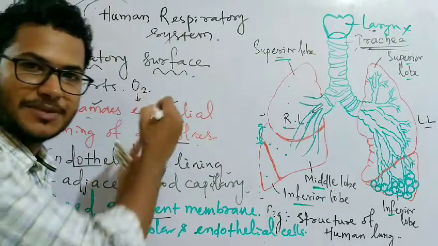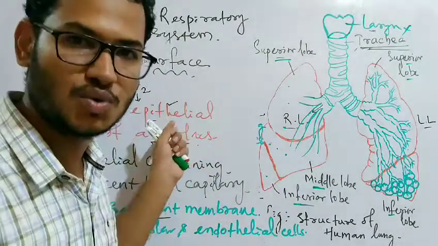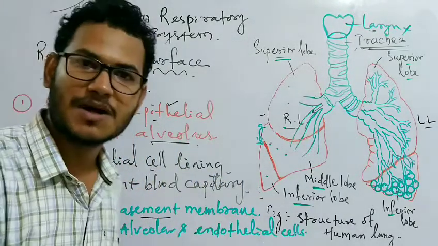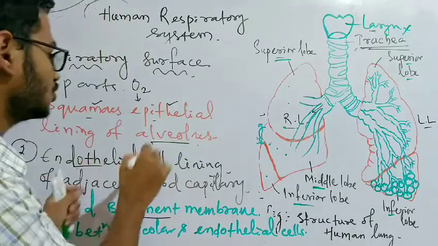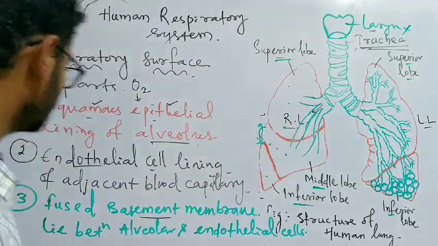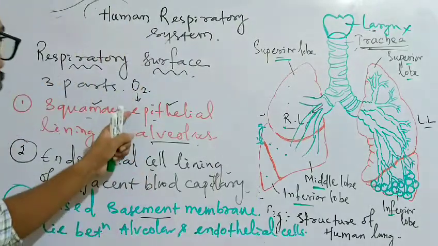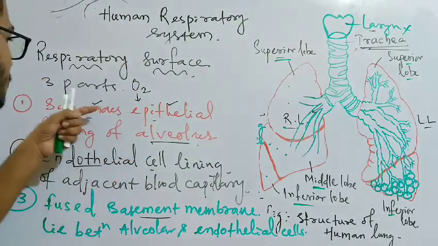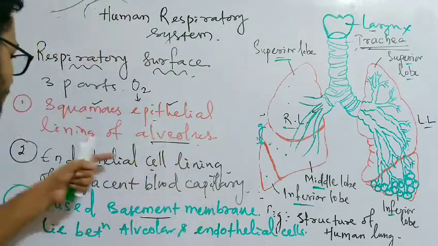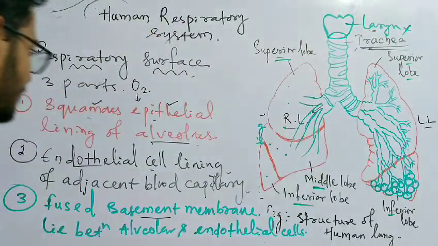So first oxygen from the alveolar sac enters the squamous epithelial lining of the alveolar wall, then it diffuses through the basement membrane, then it passes through the endothelial cell lining, which is the wall of the blood capillary, to reach the blood.